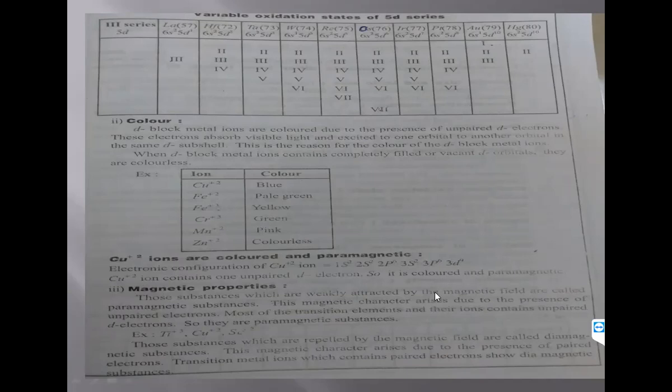The reason for this magnetic behavior, or paramagnetic nature, is the presence of unpaired electrons in the d sublevel.